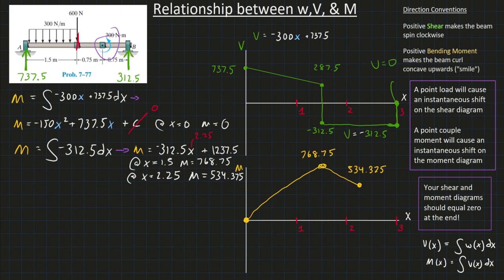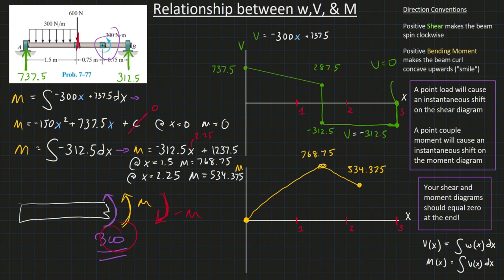Alright, and now we got to figure out how this point couple moment is going to affect us. So here is this point couple moment that's being applied here, this 300. And here is my positive internal bending moment. So if I have this being applied at this point right here, I'm going to need M in the negative M direction to fight against this counterclockwise moment.